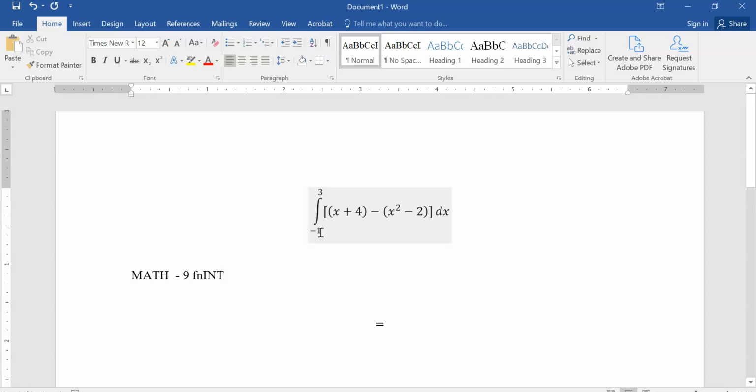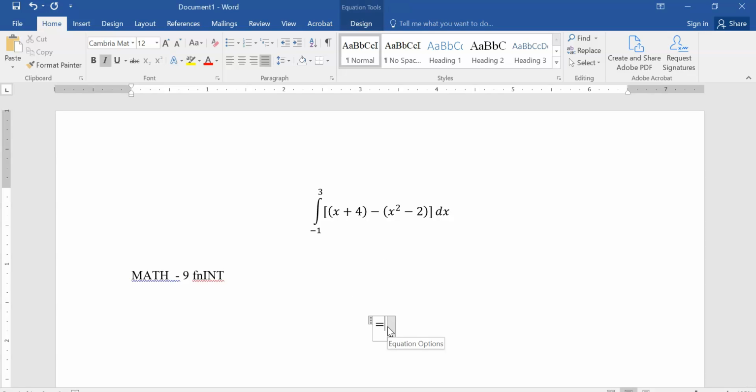And so all you do is put in the -1 where it needs to go, the 3 where it needs to go, the x plus 4, and then minus. And the key component here is that we put that x squared minus 2 in parentheses. Otherwise, it won't distribute the minus. So make sure you do go ahead and do that.